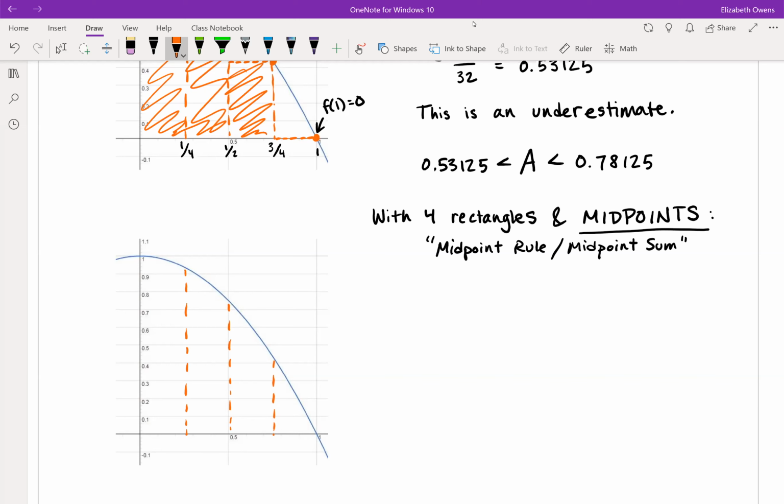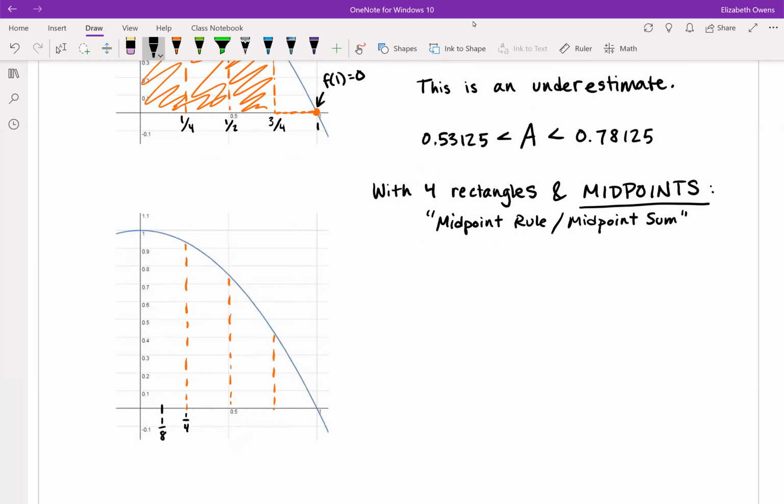But to set the height, we want to go right in the middle of each rectangle. So if this is 1/4 right here, we do not want to use the left endpoint of 0 or the right endpoint of 1/4. We want to go right smack dab in the middle of those two. Okay, we want to go right here, which is 1/8.